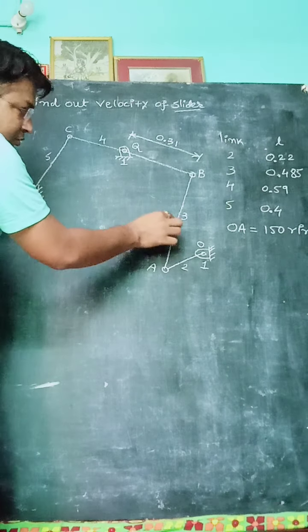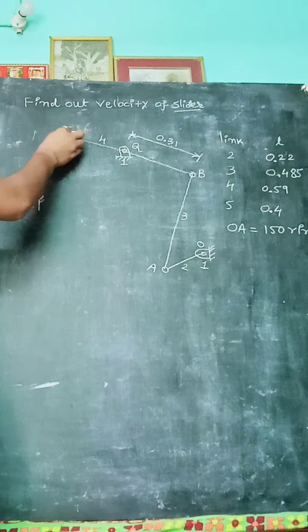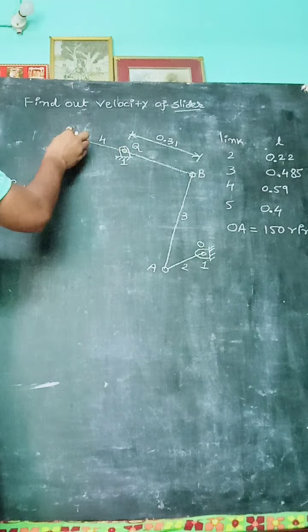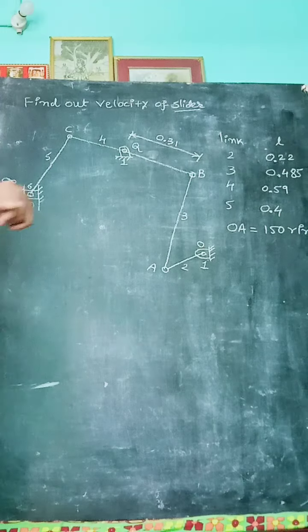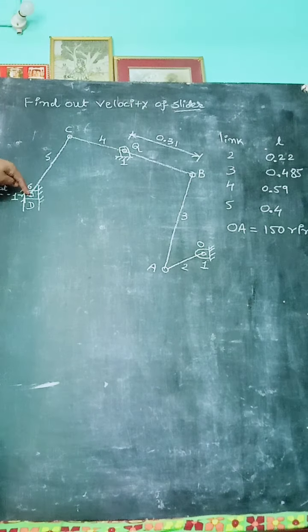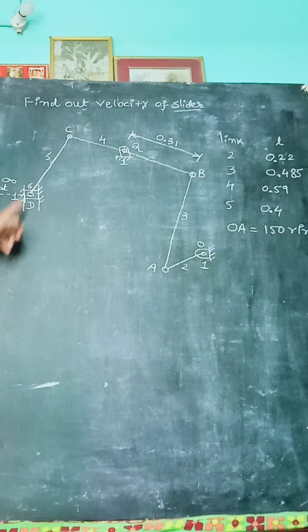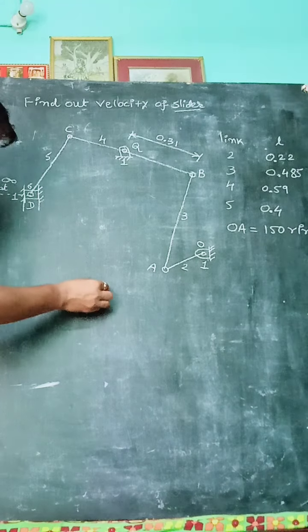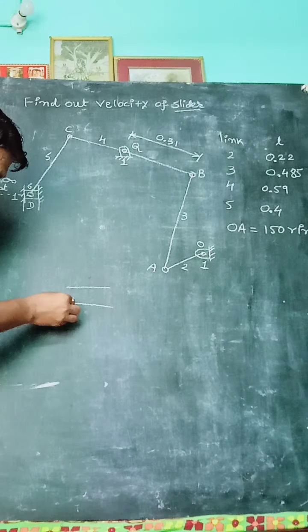Then link number 2, 3, 4, the entire BC is link number 4, then CD is link number 5, and the slider itself is link number 6.